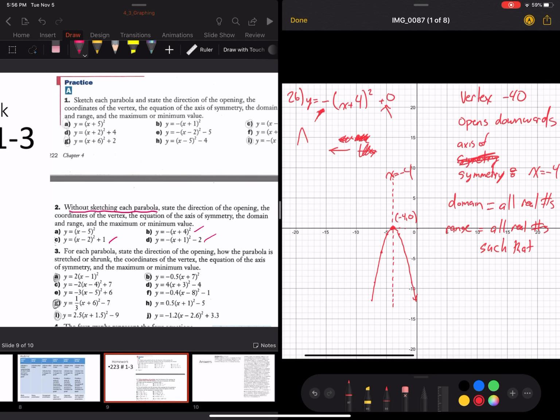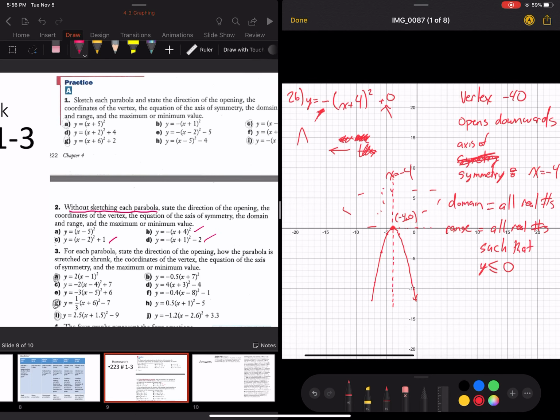It doesn't shift up or down, such that y is less than or equal to 0, right? Because there's no value for y in this range over here. That's why it has to be less than or equal to 0. It exists anywhere underneath this x-axis.